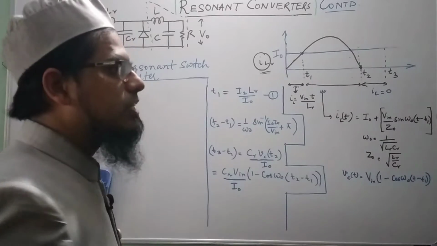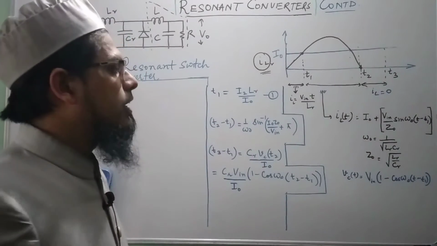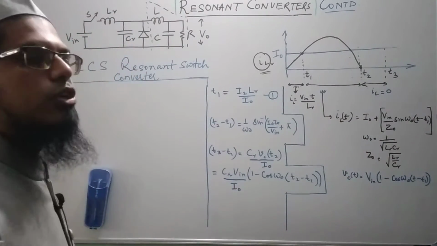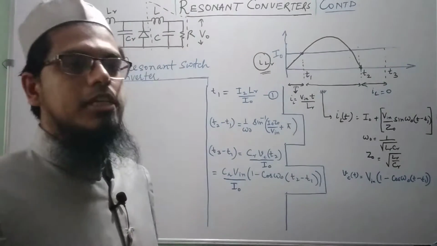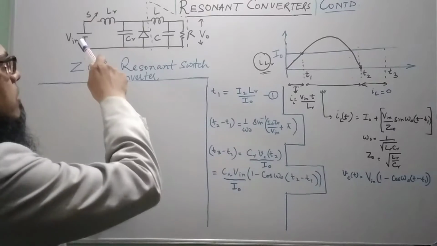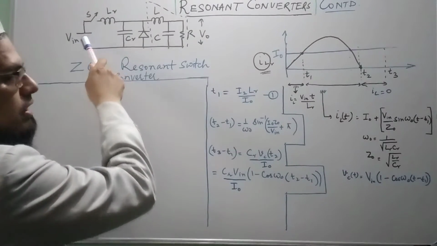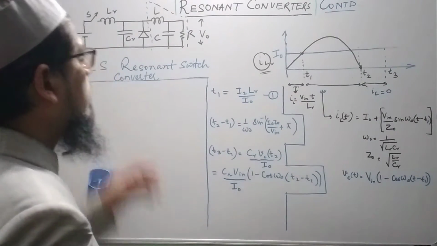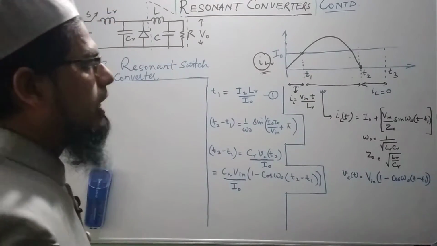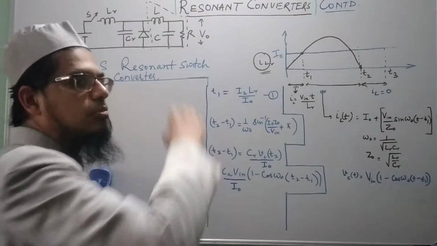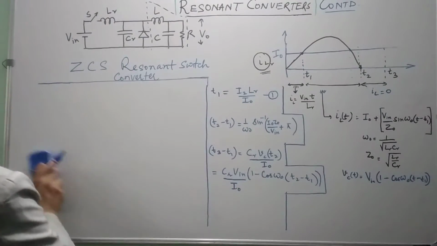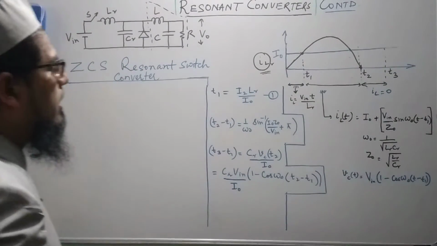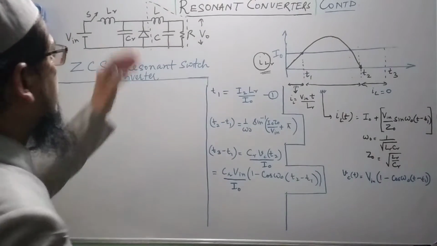To obtain an expression for the output voltage, we will try to utilize the energy conservation law, which states that the energy that is being transferred from the input side will be equal to the energy received by the output. So let us write down the expression for the energy transferred from the input side.